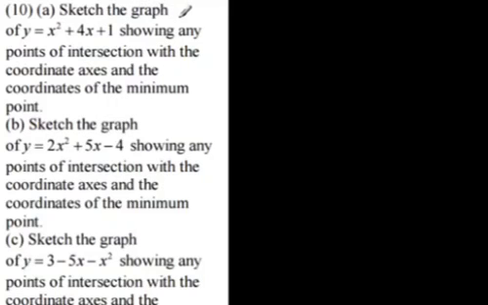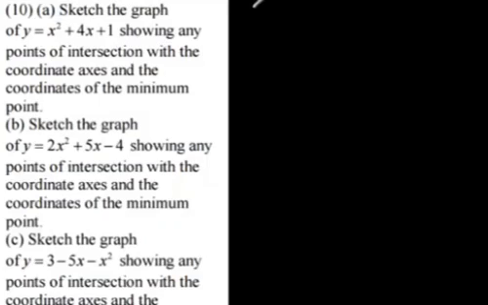So in question 10, we need to sketch a graph of y is equal to x squared plus 4x plus 1, showing any points of intersection with the coordinate axes and the coordinates of the minimum point. So it's telling us that we want the coordinates of a minimum point. We're going to have to complete the square. So with this one, what I'm going to do is complete the square.